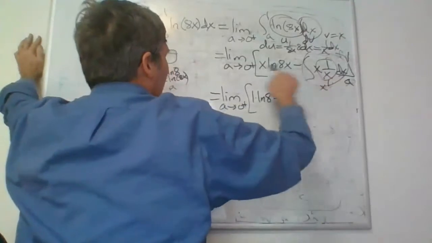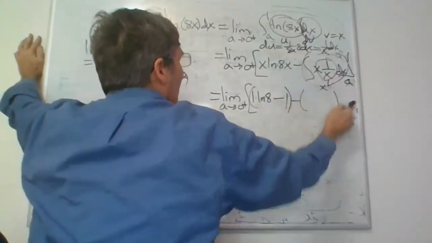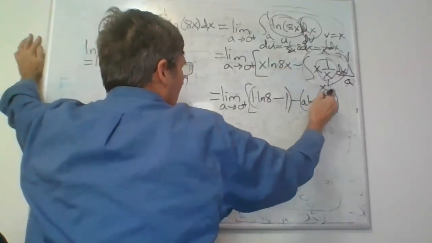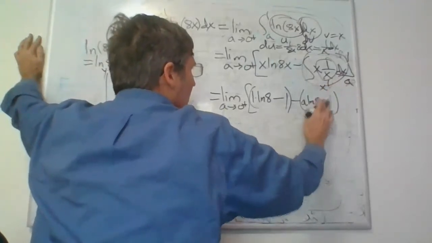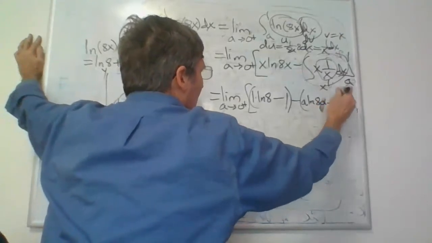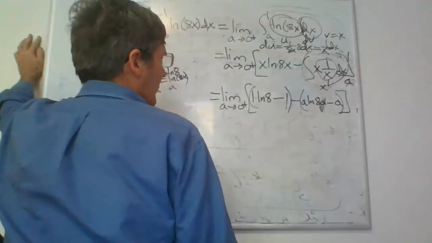When I put in the bottom endpoint a, I get a ln 8a minus x, which is a. There it is. So that's plugging in 1 and a and taking the difference.